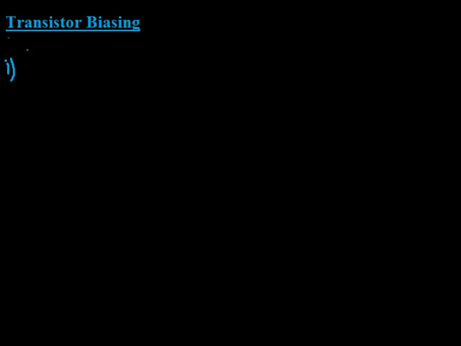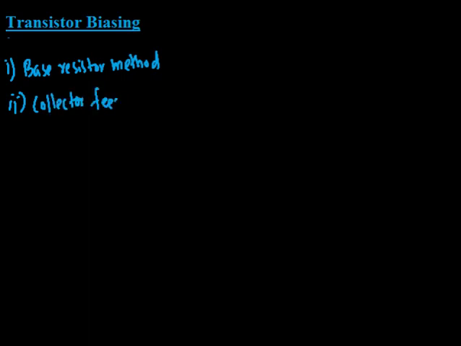The different circuits used for the transistor biasing are the base resistor method, another one is biasing with a collector feedback resistor, and another one is the potential divider bias or voltage divider bias.